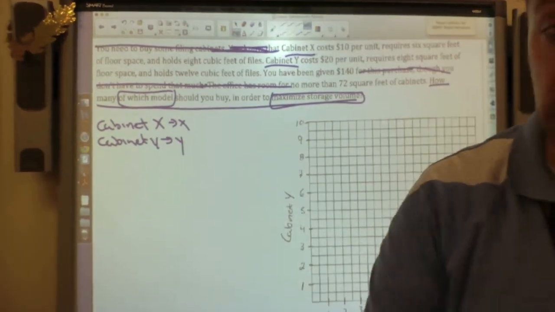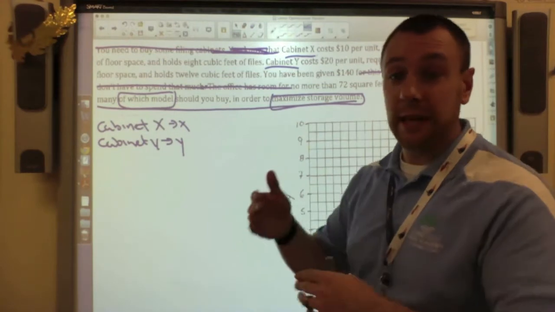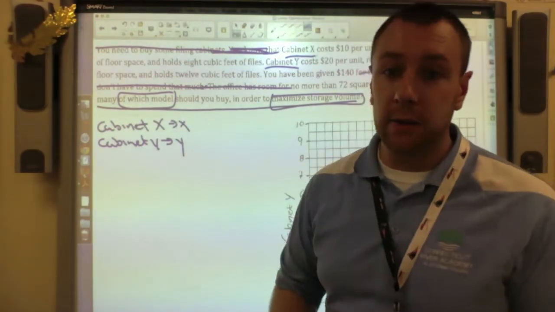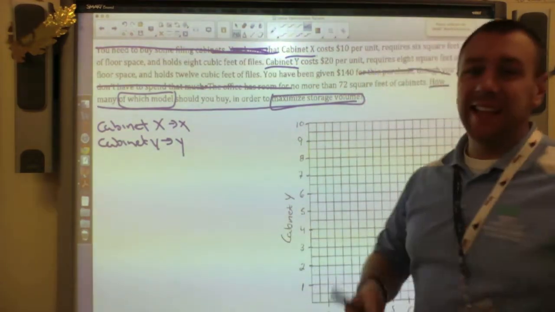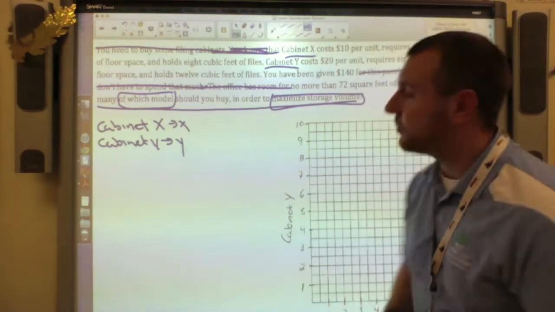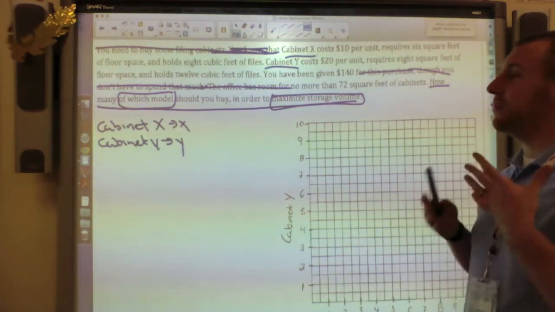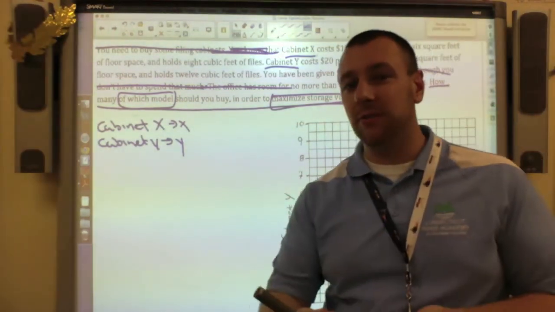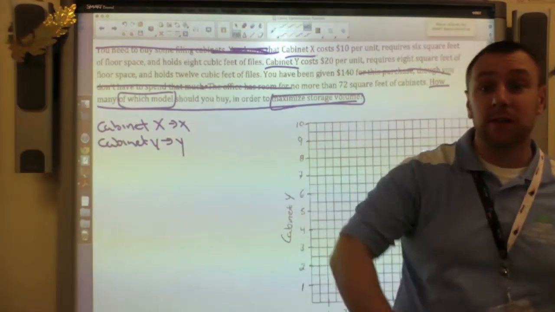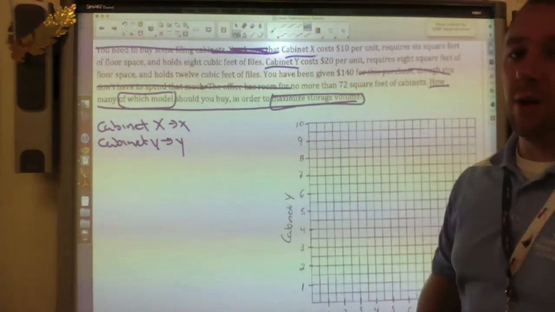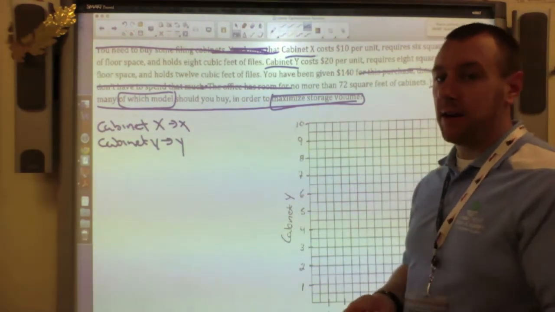Now I'm going to solve the problem. So I'm going to go through my steps. I've defined my variables. I'm going to start writing my inequalities. Well, the reason why I chose this problem is it had a lot of units in it, okay? And you might remember me talking to you individually about a money equation, a total equation, that sort of thing, okay? Those are all units that have to be put together.